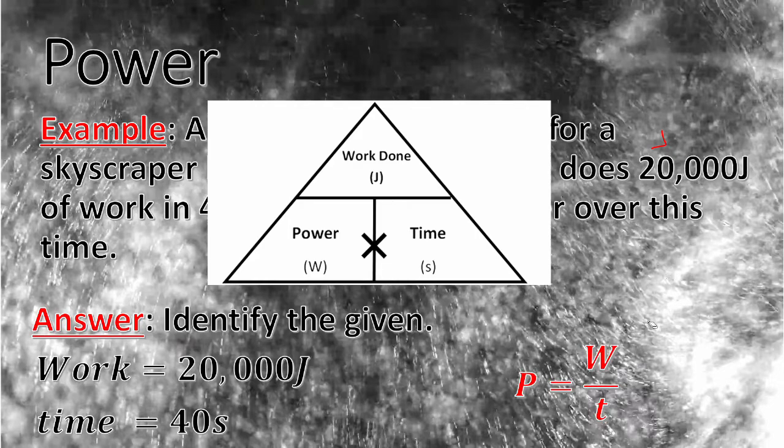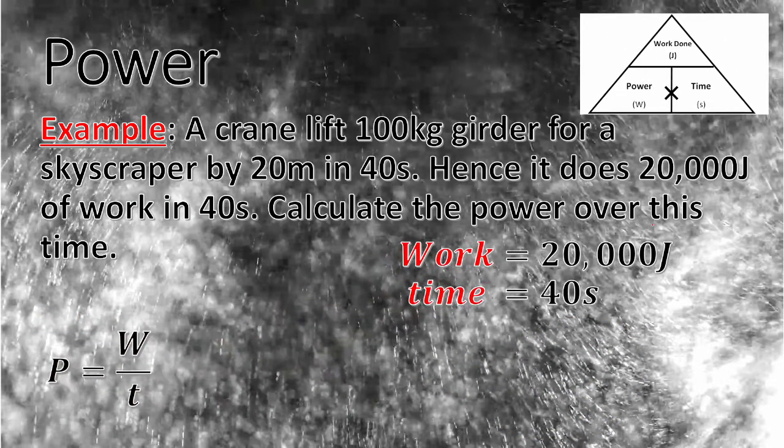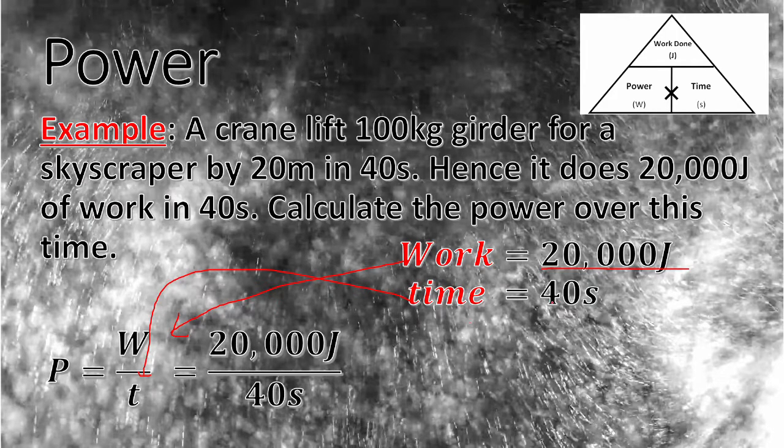Then we'll have our formula: power equals work done over time. With these values, we can solve for our power. So work, or W, equals this one here, and time goes to the bottom. That's why we will have these values. So using your calculator, we arrive at power equals 500 watts.